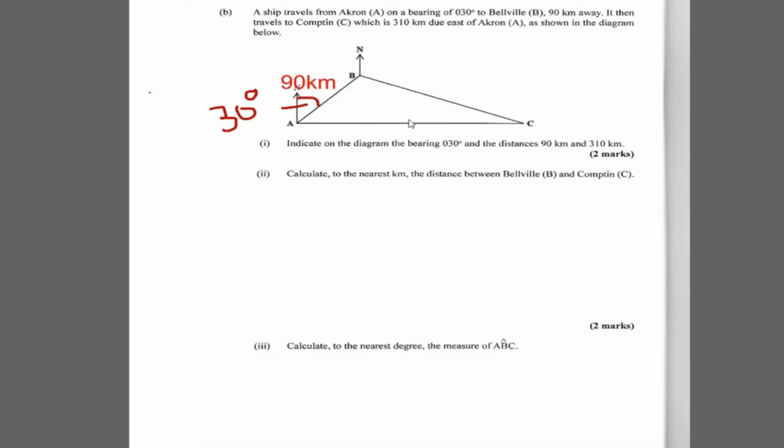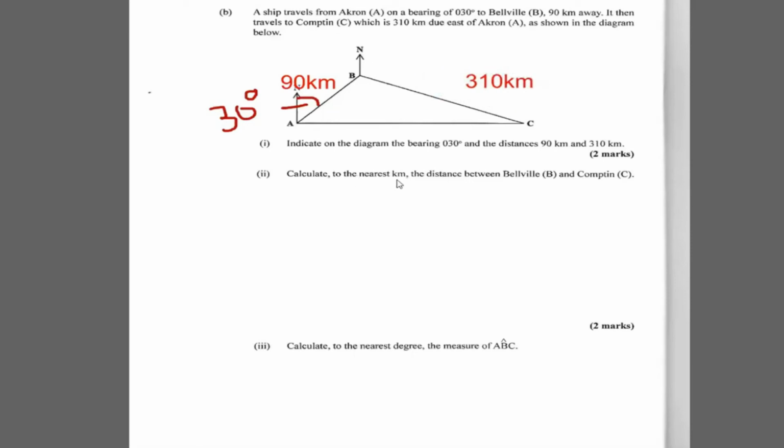The distance is 90 kilometers from A to B, and then it says it then travels to Compton, 310 due east of Akron, as shown. So it travels 310 right here. This is 310 kilometers as well.